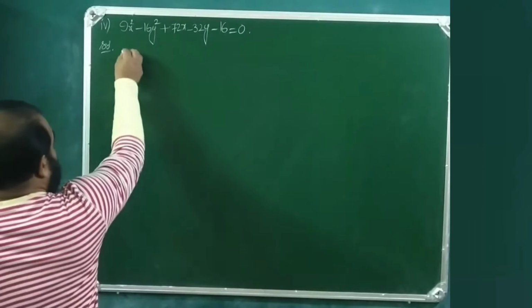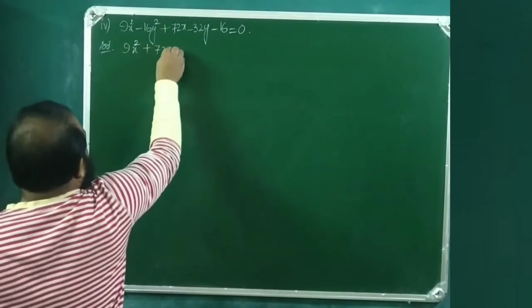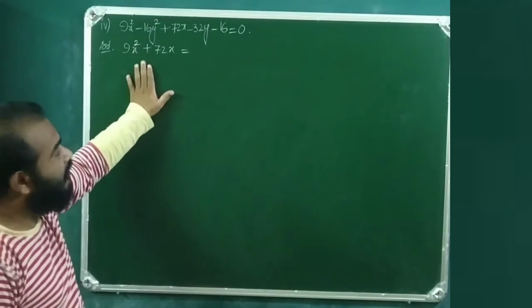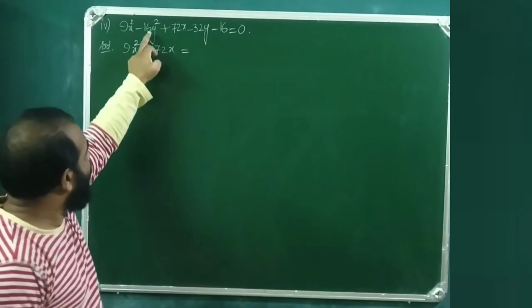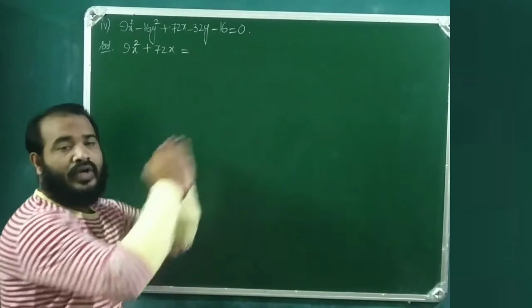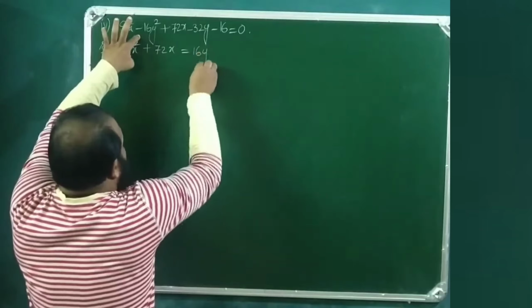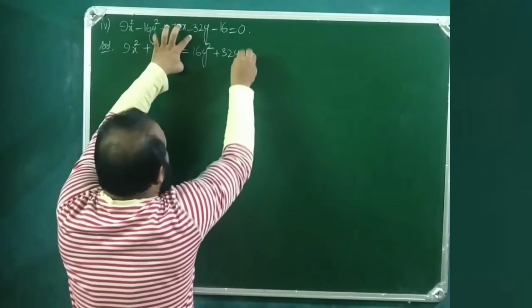So this is 9x square plus 72x equals, with the x terms on one side, LHS, and the remaining y square, y and constant on the other side. Taking minus 16y square to that side, we get 16y square plus 32y plus 16.